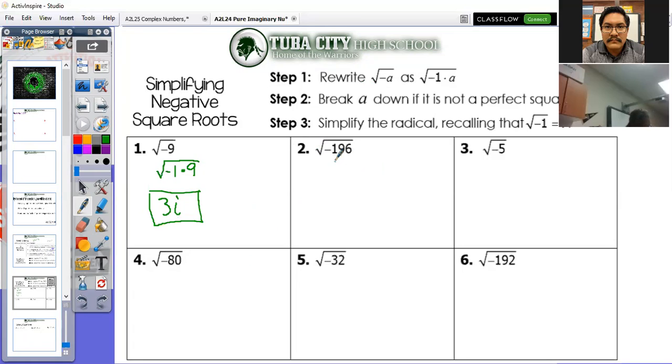All right, number 2. Let's go ahead and move on to that one. So in the previous lesson, I had you write down the first 20 perfect square numbers. And if you were looking at that list, you might know that 196 is a perfect square number.